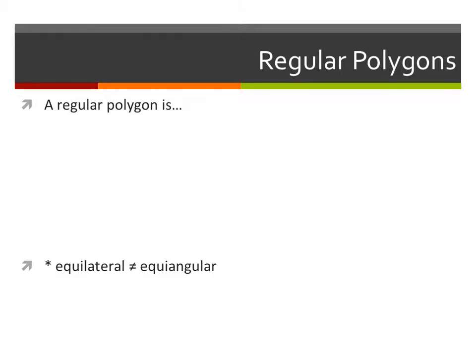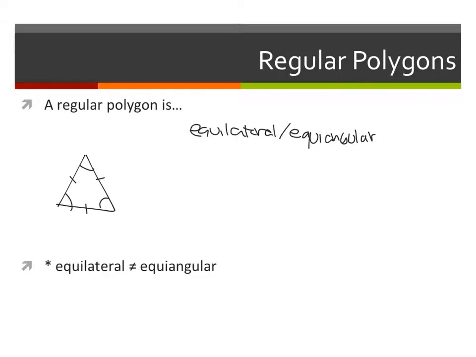All right, a regular polygon that we say is both equilateral and equiangular. Now, if it's equilateral and equiangular, that might seem synonymous for us because remember how an equilateral triangle was always equiangular?